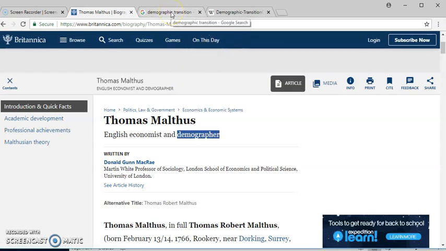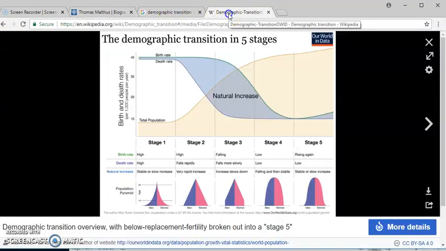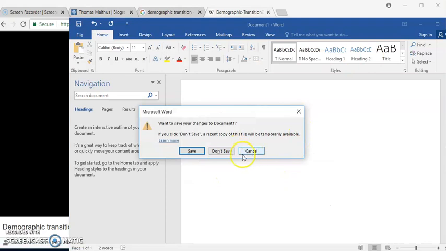We're going to talk about something called the demographic transition, and you've got some population pyramids here that we're going to examine, and we're going to look at stage 1, 2, 3, all of this stuff through stage 5 in demographic transition. And we're going to talk a lot.